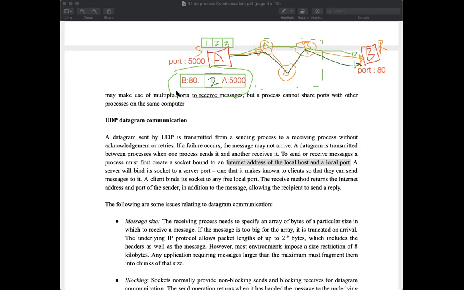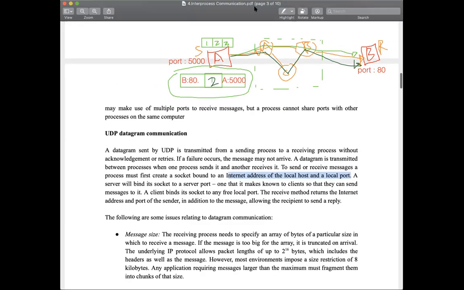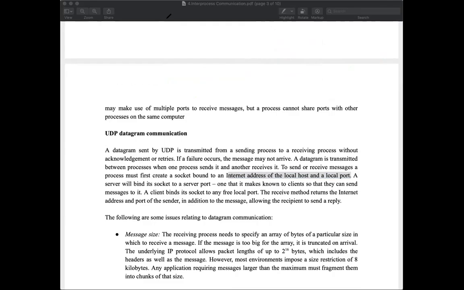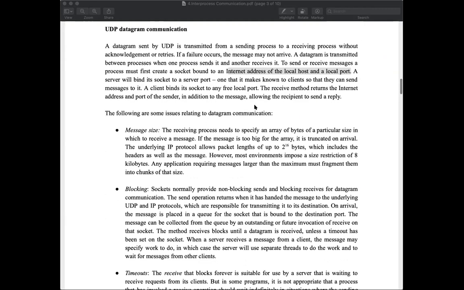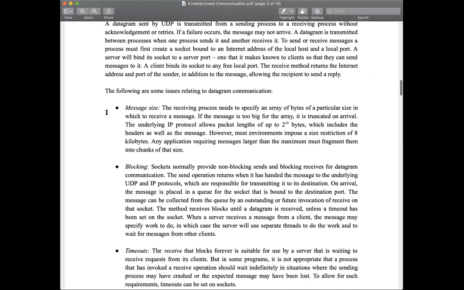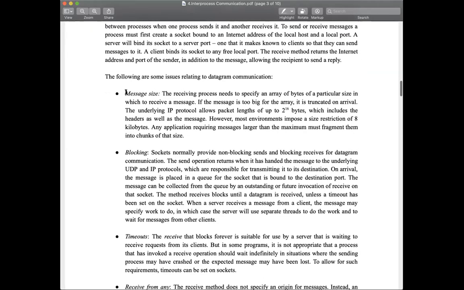So these are some issues related to UDP communication. First, message size. Since we are transferring messages between two processes, we have to define the size of the message that we are transferring.